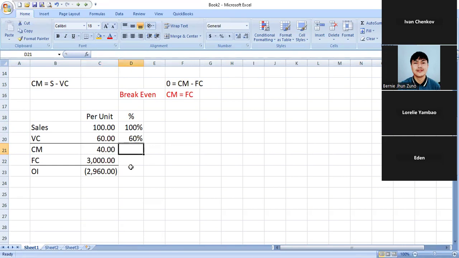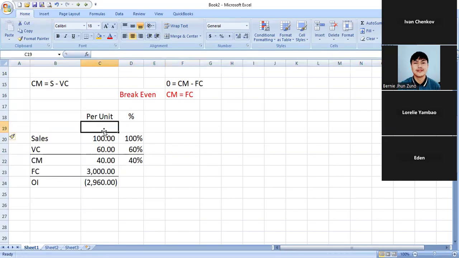So in this case, we can calculate 100 minus 60, or 40, or contribution margin divided by sales, and we're going to see the same number, 40%. Make sense? Are you guys with me? Yes, Prof. So this is only when we sell only one unit.